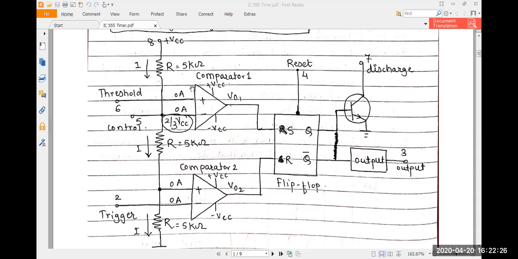So this is actually the block diagram. You can see there are two comparators, comparator 1 and comparator 2.